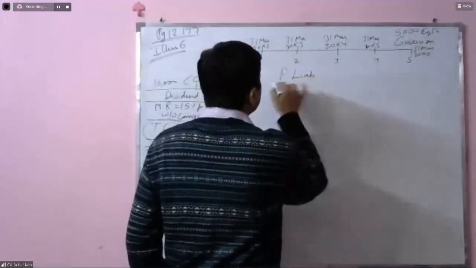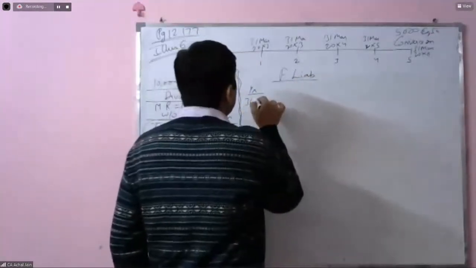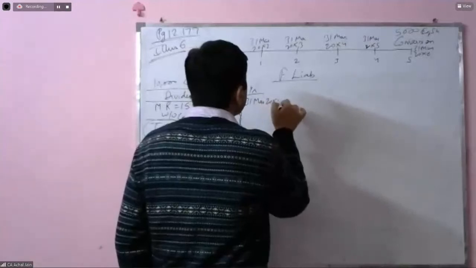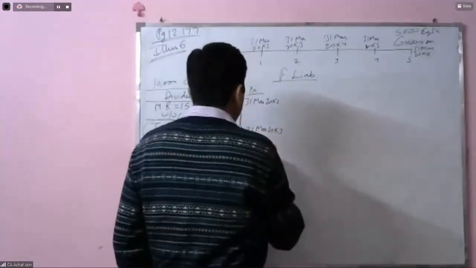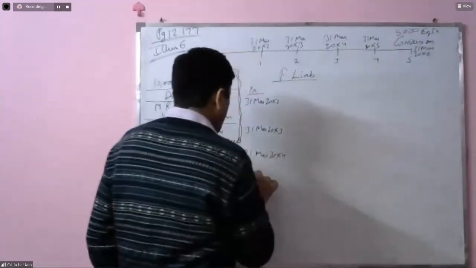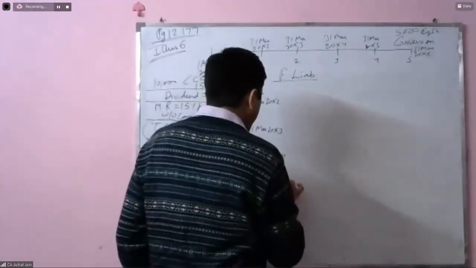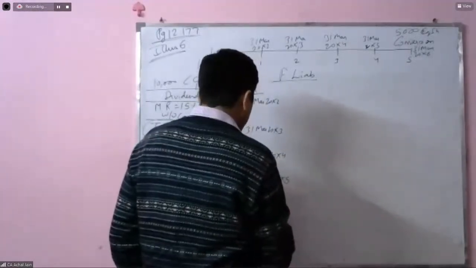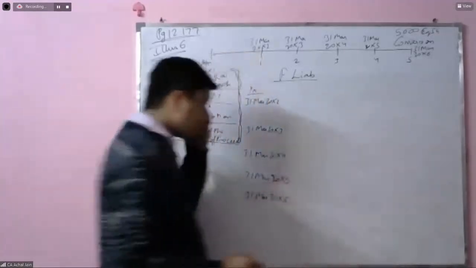So financial liability. We'll have the years 31st March 2000x2, 31st March 2000x3, 31st March 2000x4, 31st March 2000x5, 31st March 2000x6.